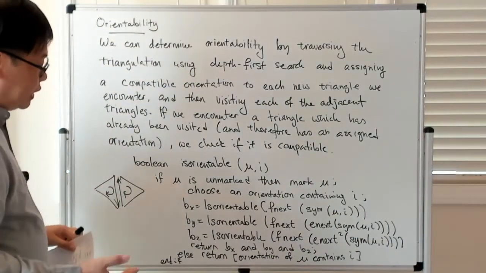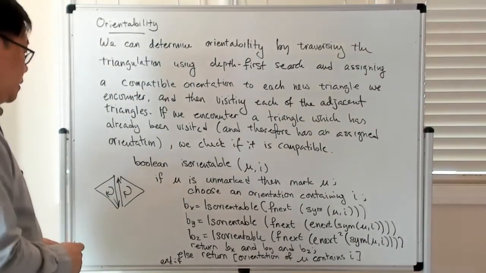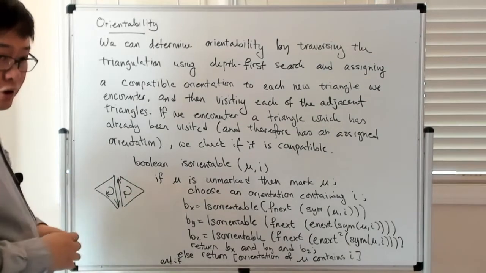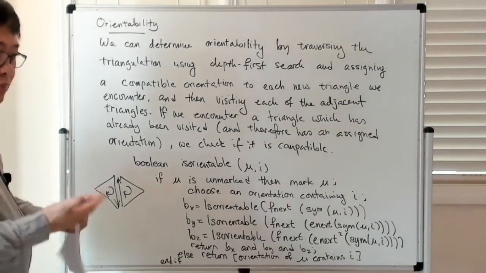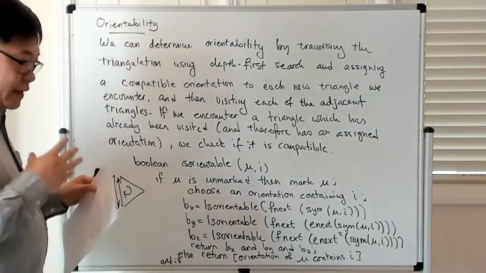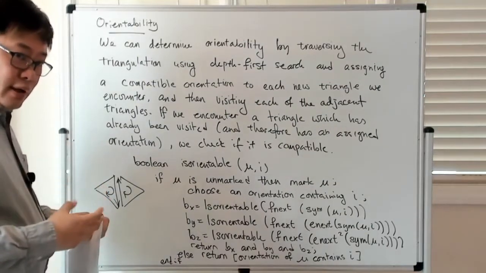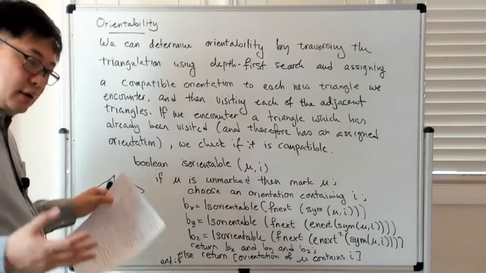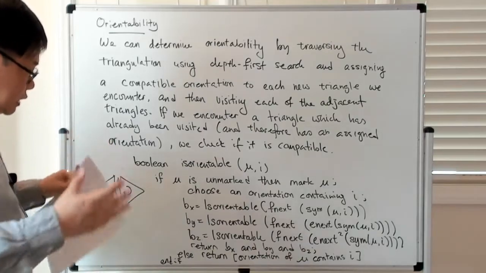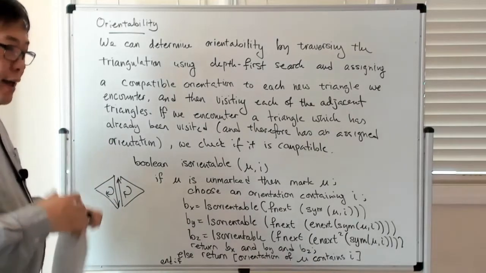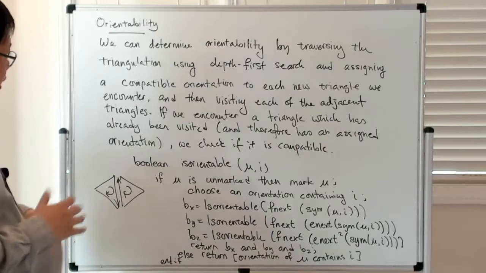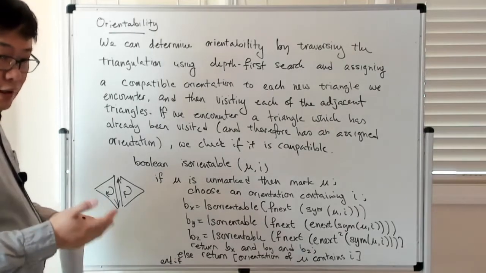Okay, and if you can always do that, then you have something which is orientable. And if you find that there is this mismatch between the orientation which is already there and what you would like it to be, then that's basically meaning that you can't choose this globally consistent orientation, and as a consequence of that, the surface is not orientable.